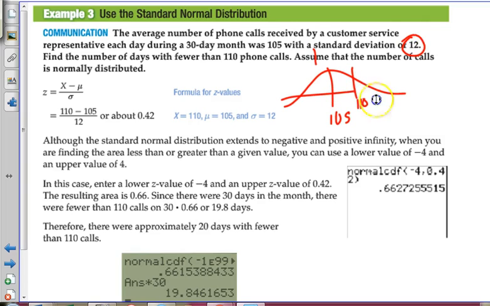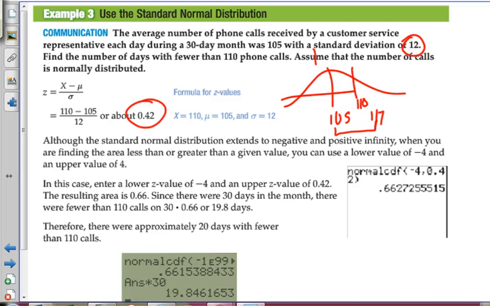Is that exactly one standard deviation above or below this? The next one above 105, if the standard deviation is 12, would be 117, right? So it's not. It's in the middle. Okay? So we could convert it to a z-score, which is what they did, and got 0.42, and then we could use the calculator. I'm going to vote we don't even bother with the z-score.